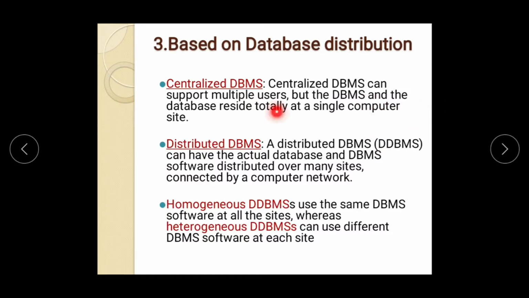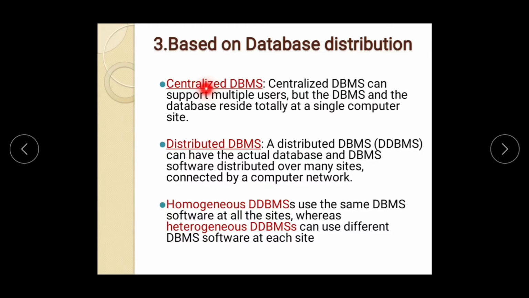These 5 systems can have different databases as well as different database management system software. The database will be distributed across all these 5 systems, not in a single system. That is called a distributed DBMS. These sites are connected using a computer network.